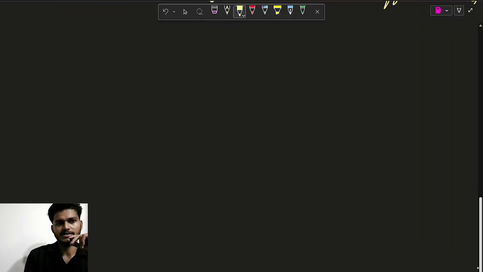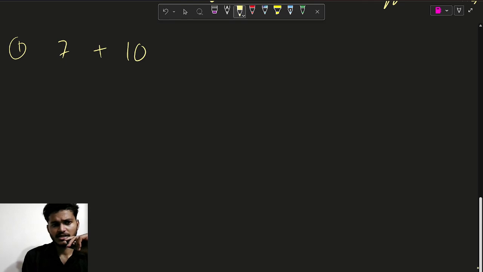Suppose I have to add 7 and 10. I have written 7 over here, it is a positive integer, and 10 is also a positive integer. So we have to add them. It's not a big deal. 7 plus 10 is 17 only, and we have got our answer. So if we have to add two positive integers, that's easy.